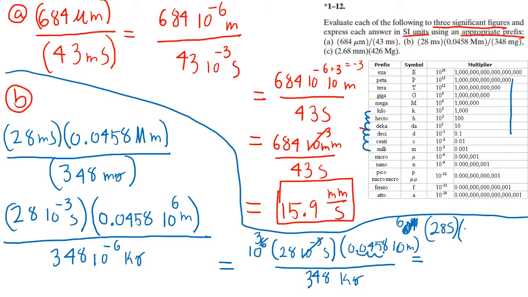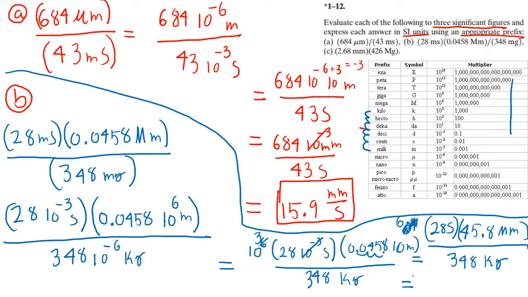Now we can turn that into mega. So 45.8 megameters, and then that is over our magic number of 348 kilograms. That checks out to me. You can see that these multiplied and divided by this is going to equal a nice number oriented around the decimal.